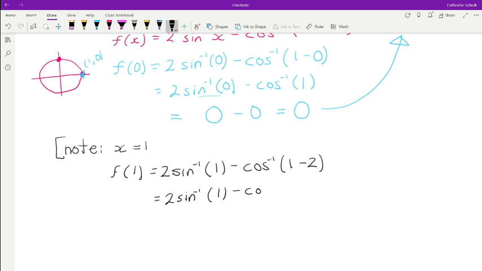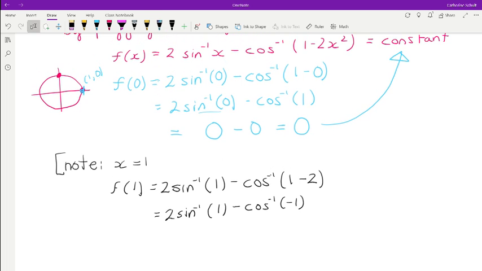And where is the cosine function equal to negative 1? Well, the sine function is 1 here, so angle pi over 2. And then the cosine function is negative 1, whoops, here. X and y, cosine, sine. Cosine is negative 1 at pi. Again, 2's cancel, pi minus pi is 0. We still get 0.